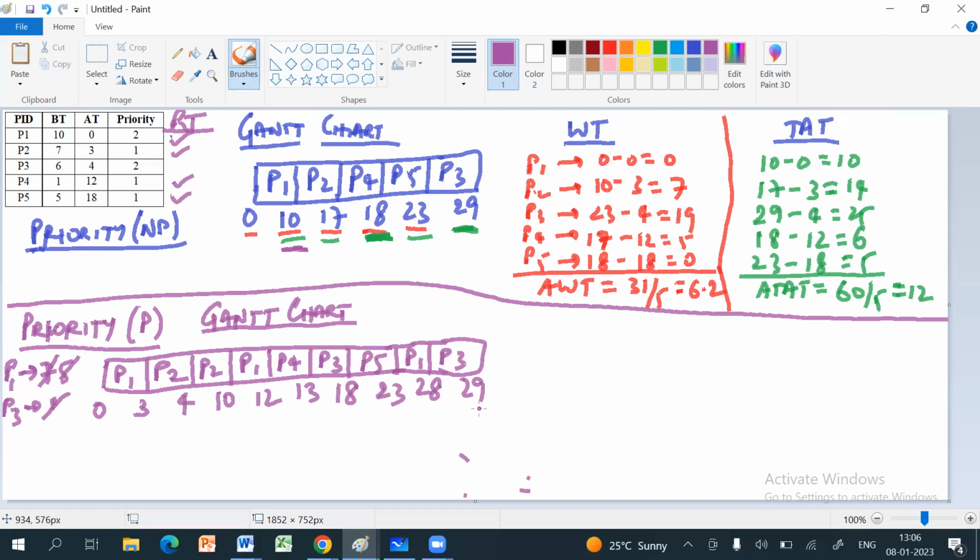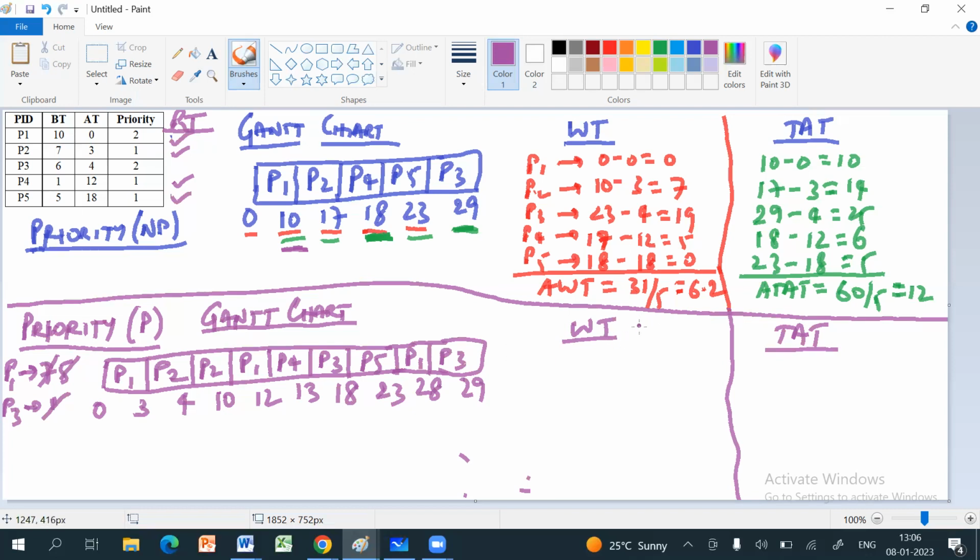Right? Now using this Gantt chart, we will again go for the computations of wait time and turnaround time. Now to make things easier for you, because every process is stopping and starting here, as you are able to see, P1 started at 0 and stopped at 3, again restarted at 10, and again restarted at 23.